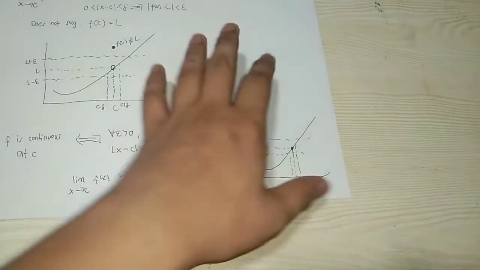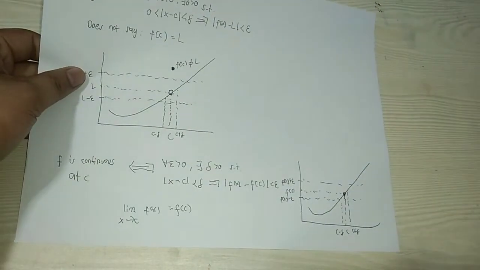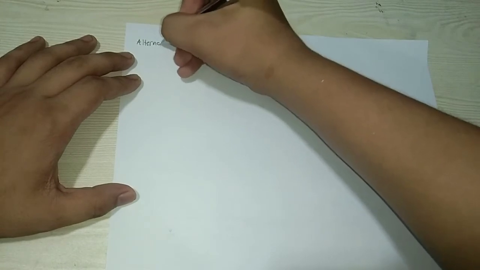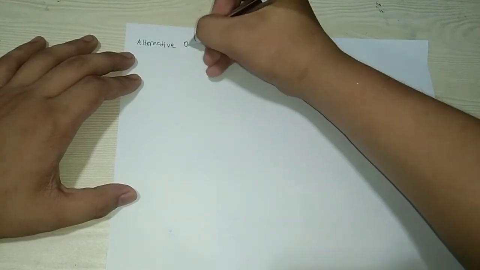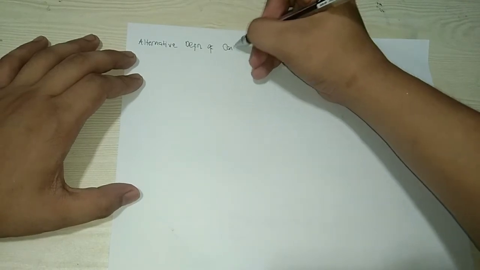So therefore, meron tayong alternative definition for continuity. Okay? So instead of using the epsilon and delta definition for continuity, pero dyan din galing yun, yung alternative definition. And ito yung usually ginagamit sa ibang books.